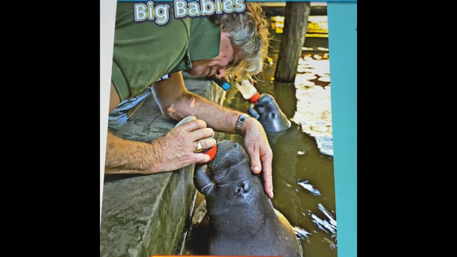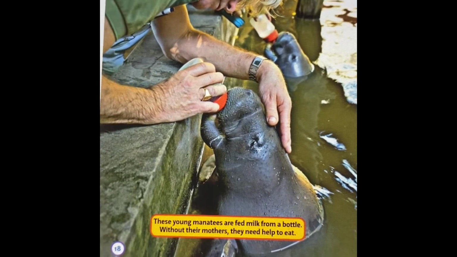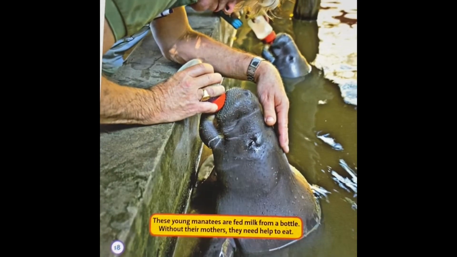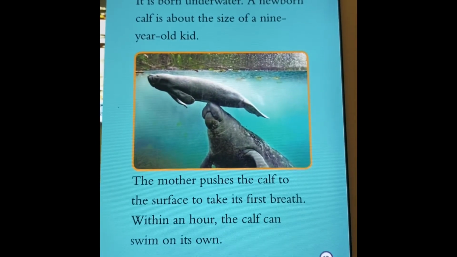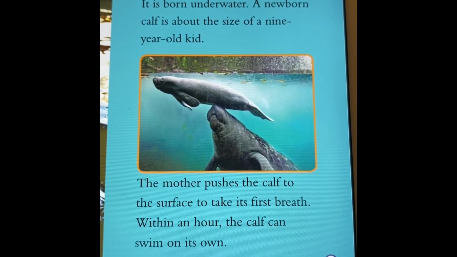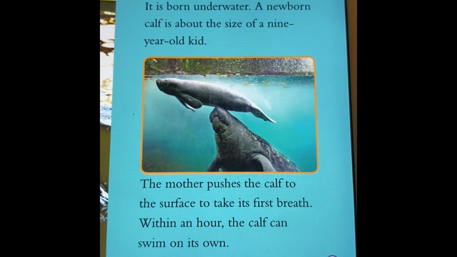Big babies is our next heading, and this caption here says, these young manatees are fed milk from a bottle. Without their mothers, they need help to eat. A manatee baby is called a calf. It is born underwater. A newborn calf is about the size of a 9-year-old kid.